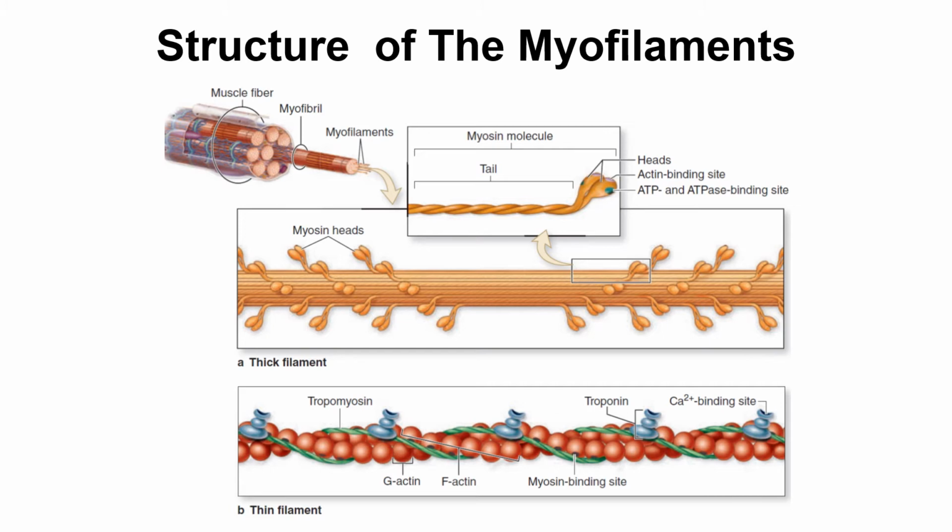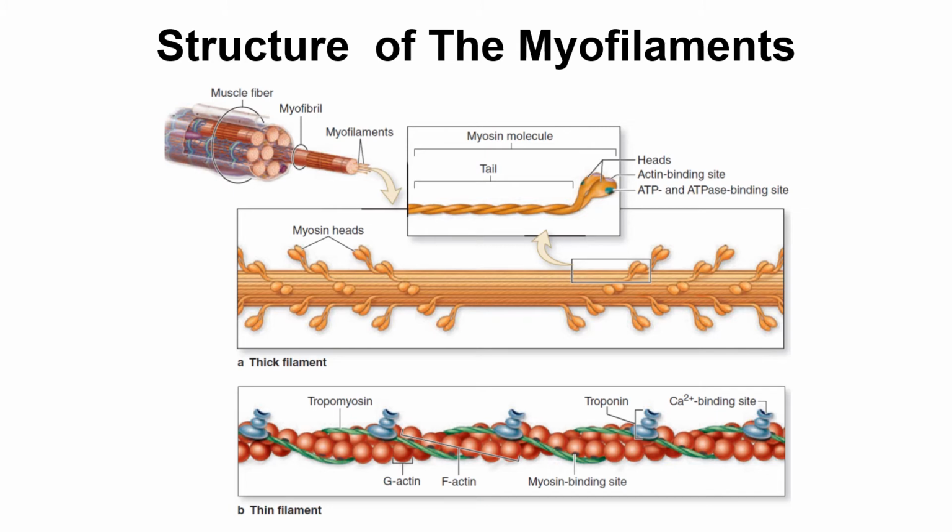The actin filament is a helical filament formed of F-actin. Each F-actin is a polymer of G-actin monomers. In each G-actin, there is a myosin binding site. There are two proteins associated with the actin filament, tropomyosin and troponin.